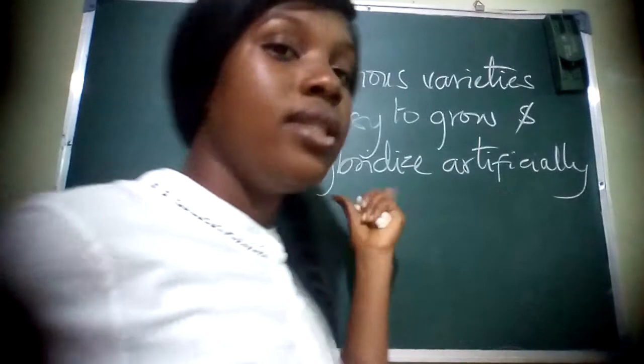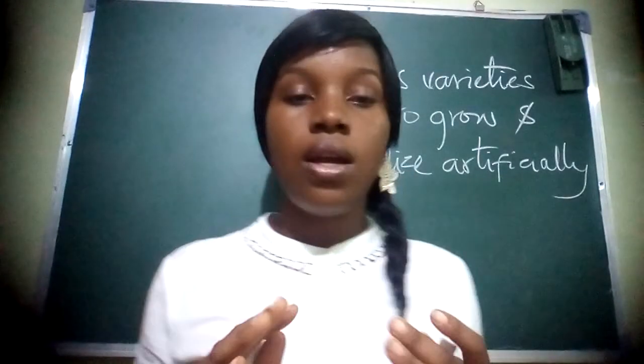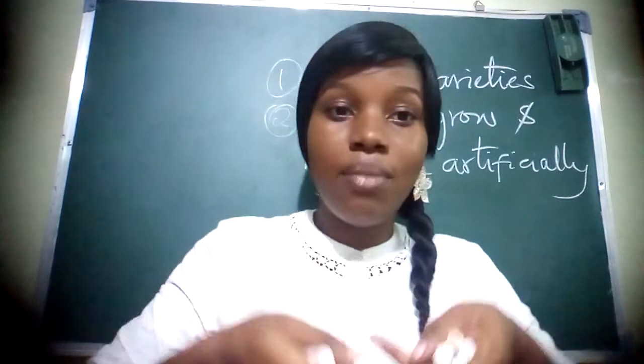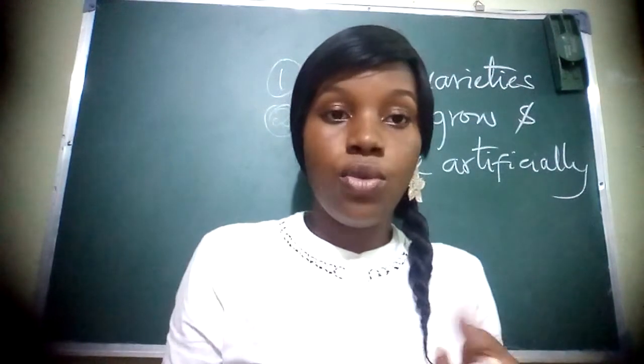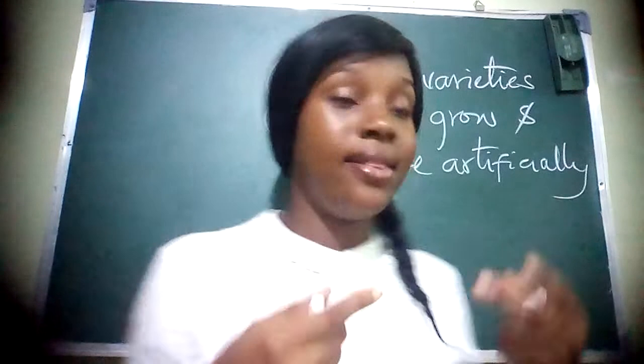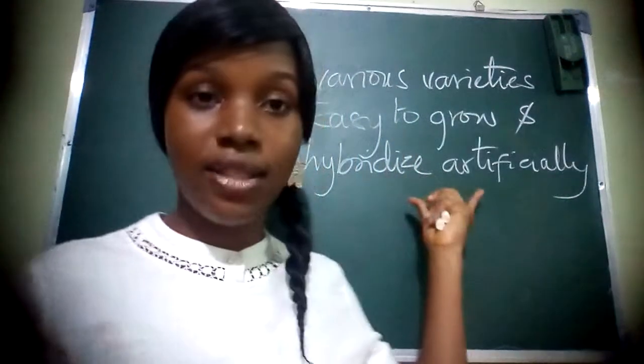What this means is that the garden pea naturally is self-fertilizing. That is, you have the male and female parts in the same flower, in the same plant, so they can fertilize each other in that flower. And you can also hybridize them artificially.